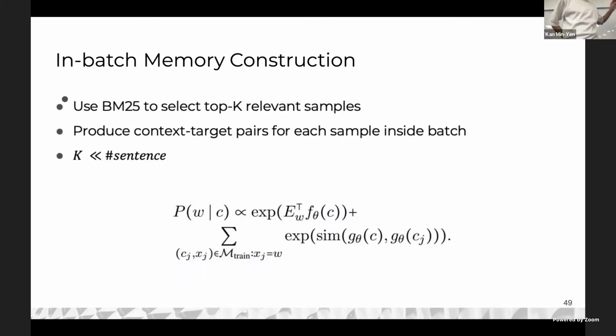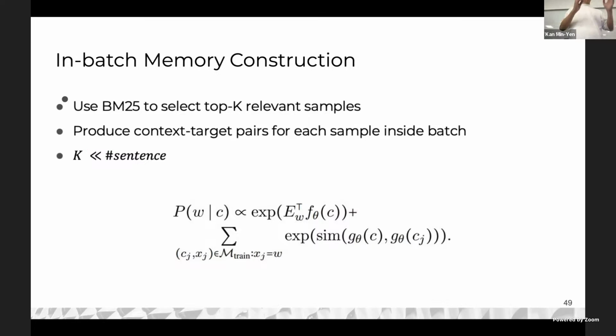There are 2 steps to construct the in-batch memories. The first step is to use BM25 to select the top K relevant samples. And then we can produce context-target pairs for each sample inside the batch. And here K is much smaller than the number of sentences in the entire training corpus.